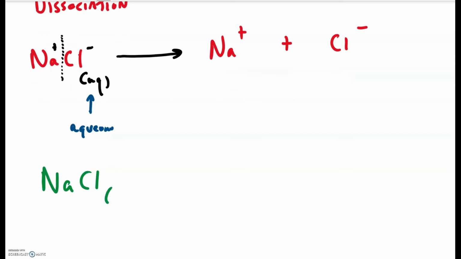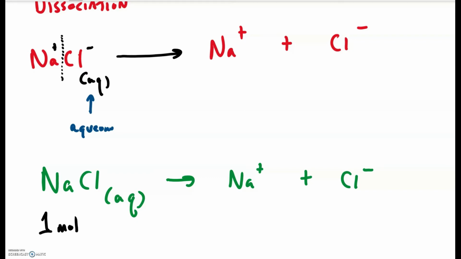If we were to take sodium chloride and make it aqueous, we know it's going to dissociate into its positive and negative ions. Our concern is what happens to the amounts. And so if we were to dissolve 1 mole of sodium chloride in water, what happens?